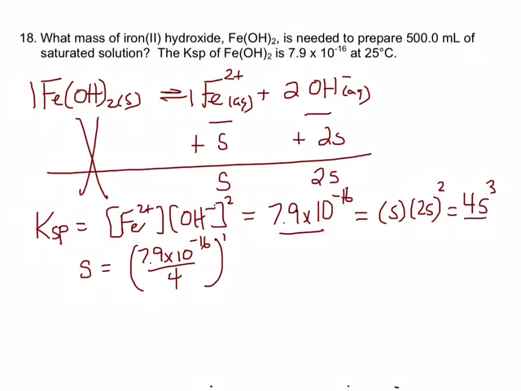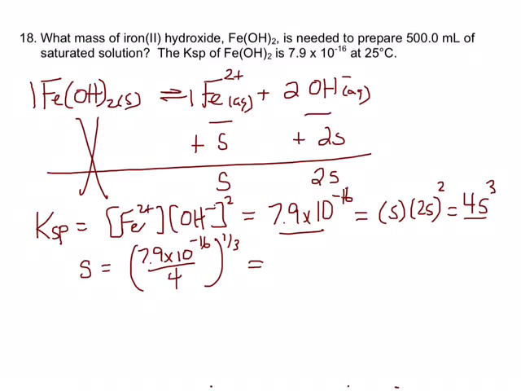So raised to the power of 1/3. Now I'm grabbing a calculator. 7.9 times 10 to the minus 16 divided by 4 equals, then on the calculator, raise that to the power of 0.33333 repeating. Use about 4 or 5 threes there. Keep in mind that 1/3 is 0.333 repeating.